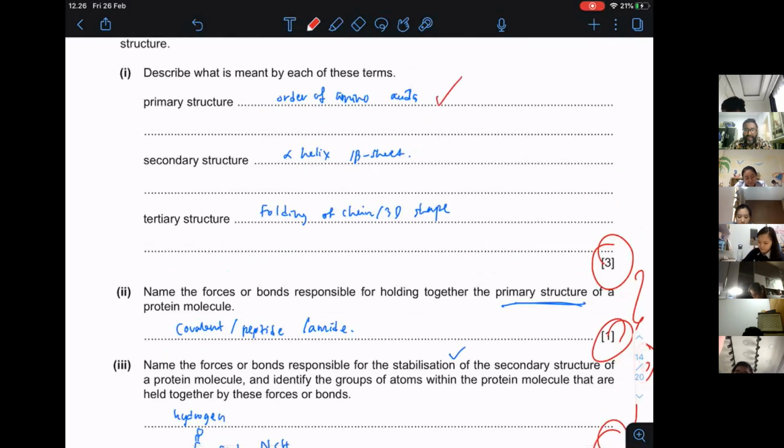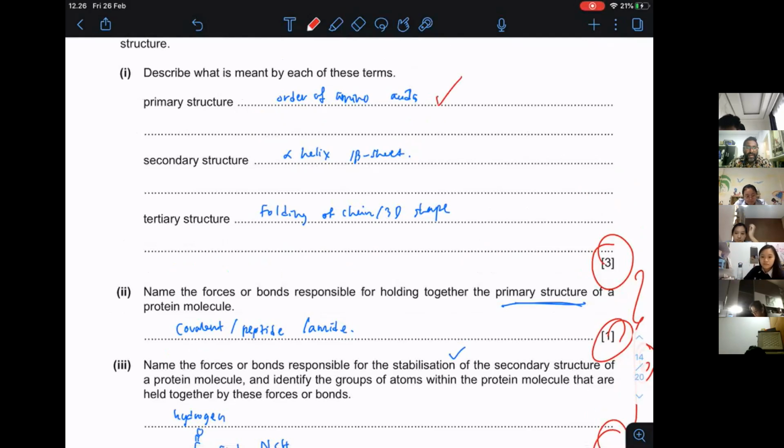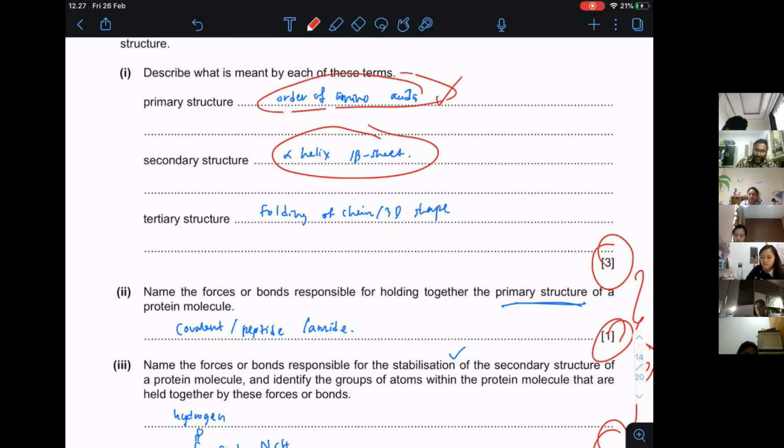What is secondary structure? Secondary structure is the sequence of amino acids existing in alpha helix and beta pleated sheet. They have mentioned this in the marking key, so you can also check again.